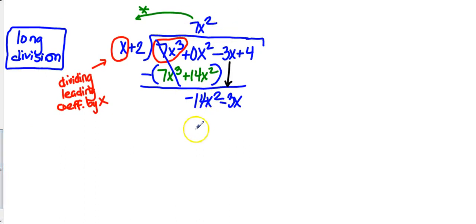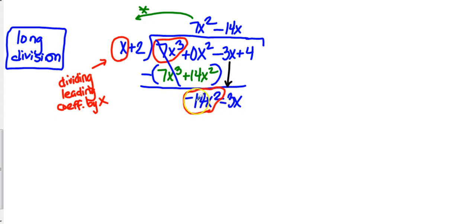This becomes my new leading coefficient. So I circle it. The question repeats. x times what is negative 14x squared? I'm hoping we're all saying a negative 14x. Again, x times what gets me negative 14x squared, or you could see it as division.